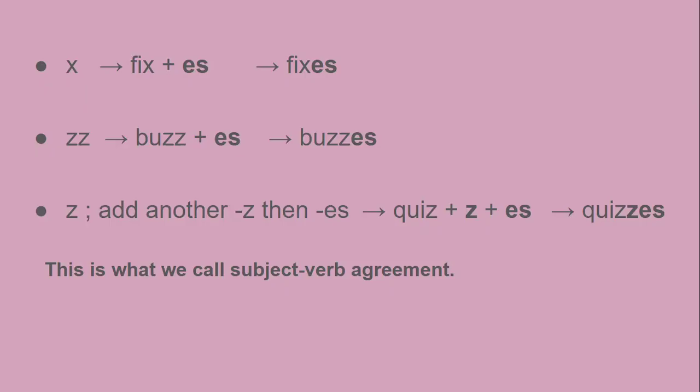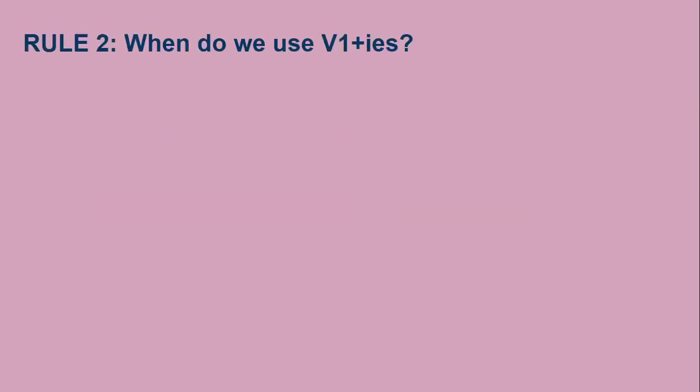Right. So let's go to the second rule. So rule 2 says, when do we use V1 plus IES? When do we use the verb ending with IES?